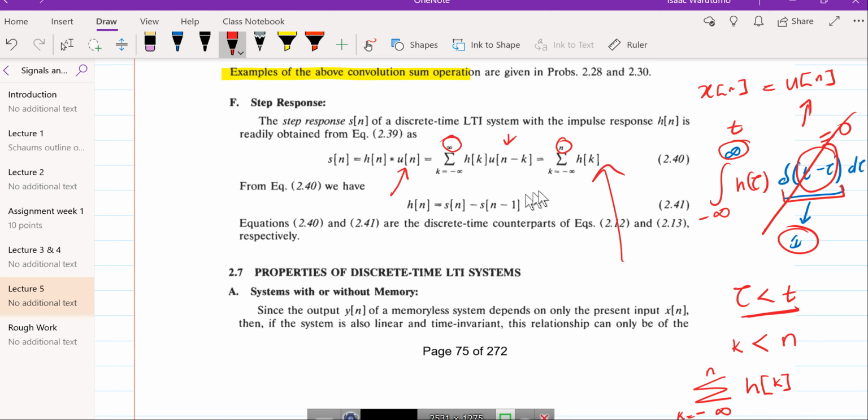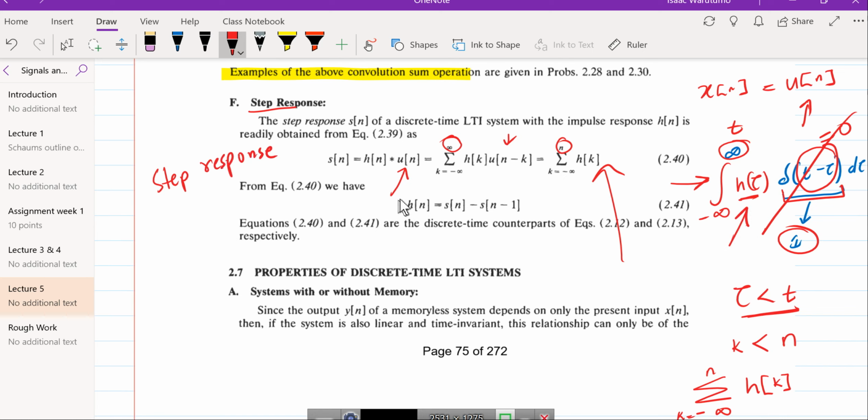And therefore, we are saying that we can obtain h of n just like we did. If you remember what we did with the step response, we said that you can obtain the step response by integrating the impulse response, and we could obtain the impulse response from the step response by differentiating.